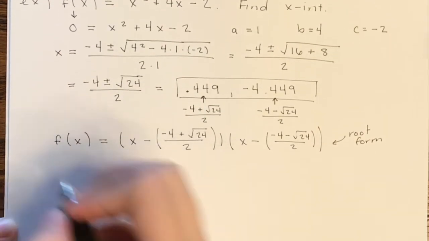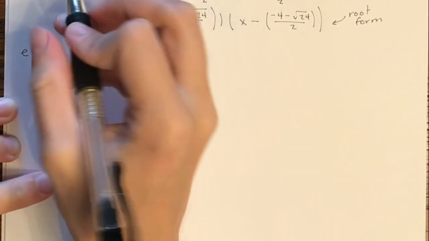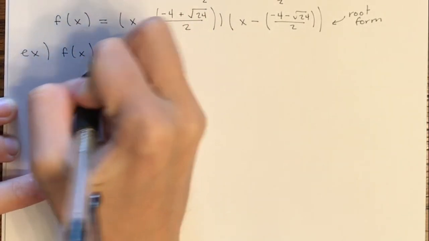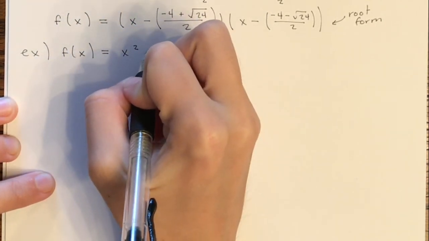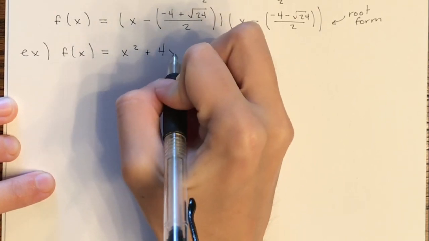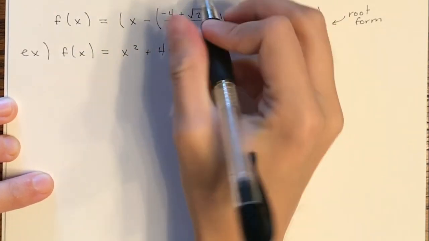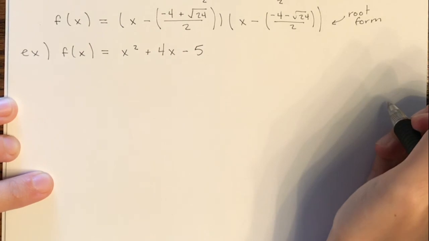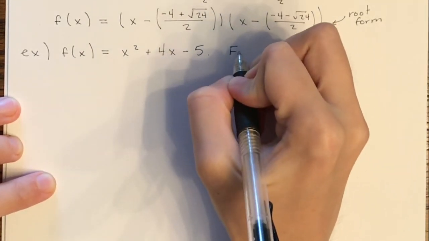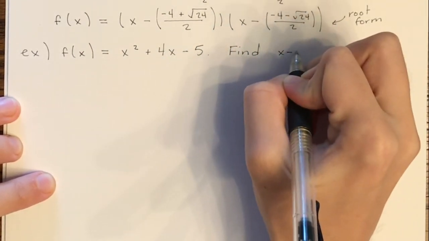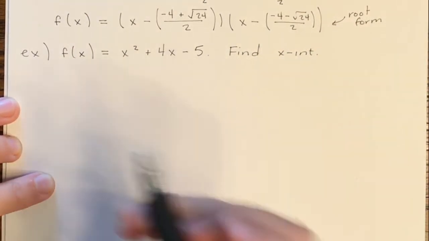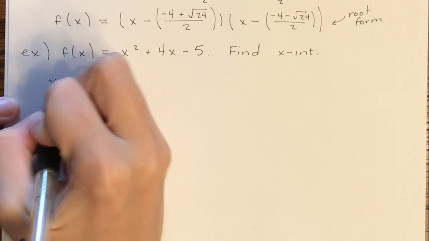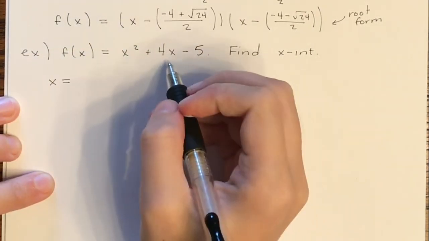Let's look at an example that simplifies a little bit nicer, but helps us illustrate what's going on here. So let's look at f of x equals x squared plus 4x minus 5. Again, let's find our x-intercepts. If I plug it into the formula, I have x equals negative b.